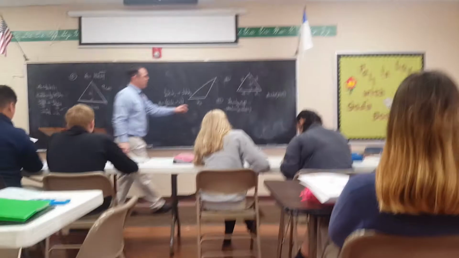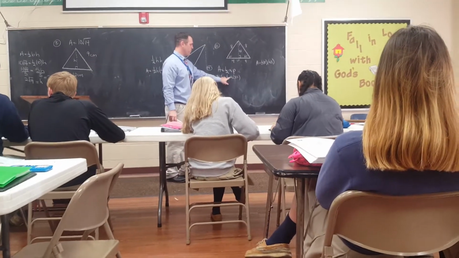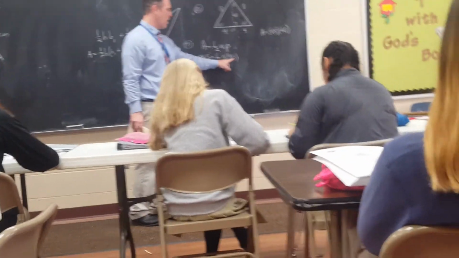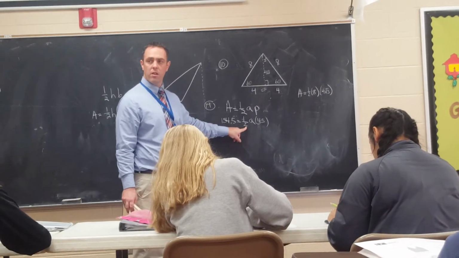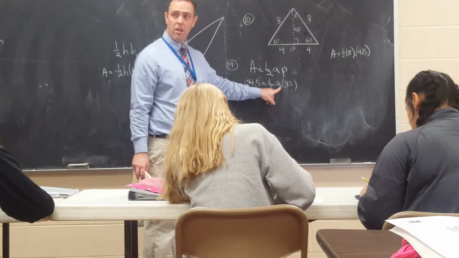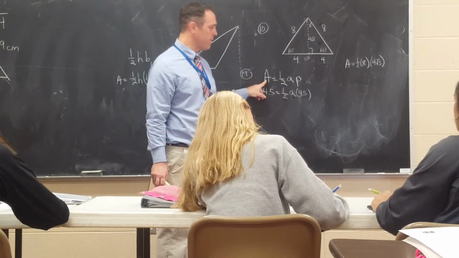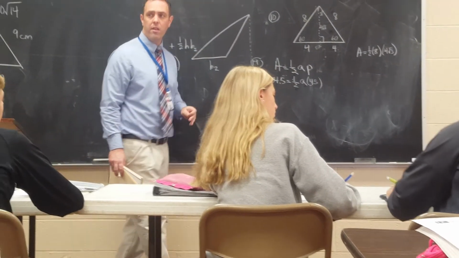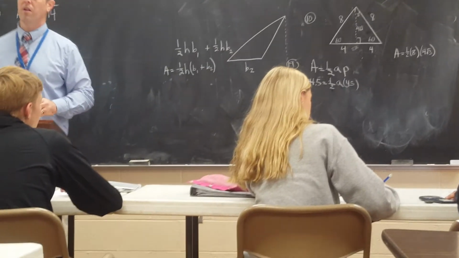Okay. You want to solve for a. We can switch the order because it's multiplication. 45 times 1/2. What is that? The big A is area, the little a is apothem.